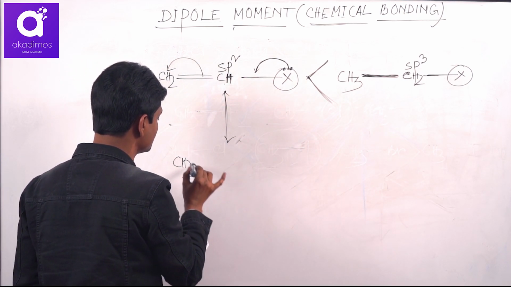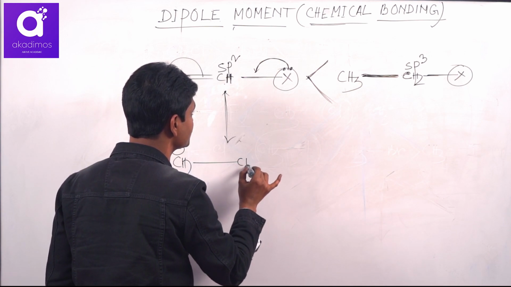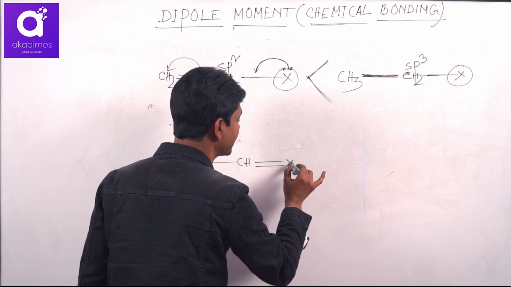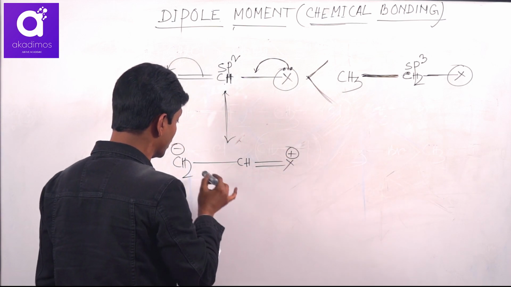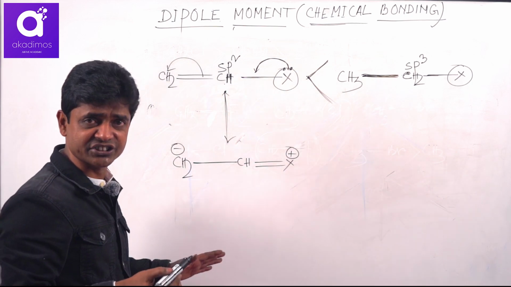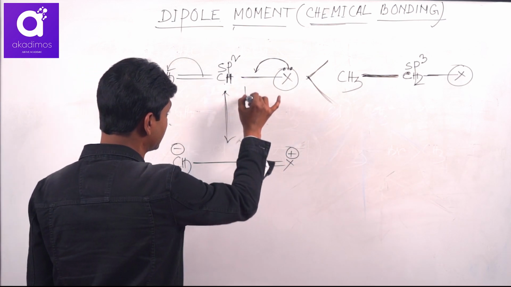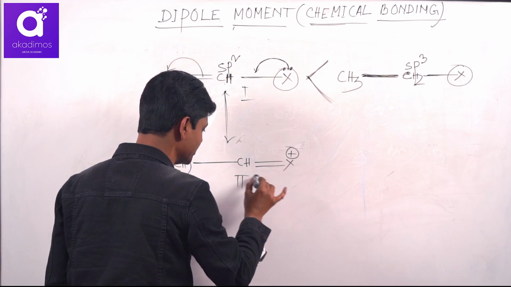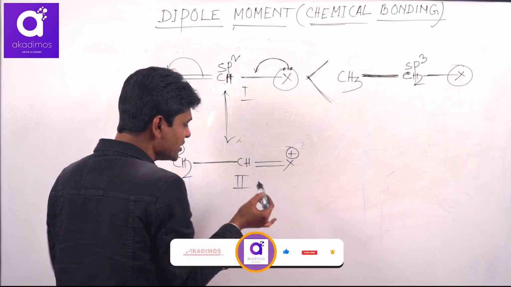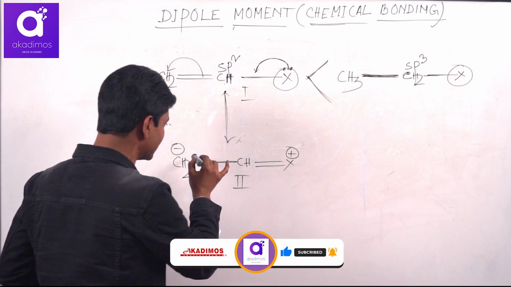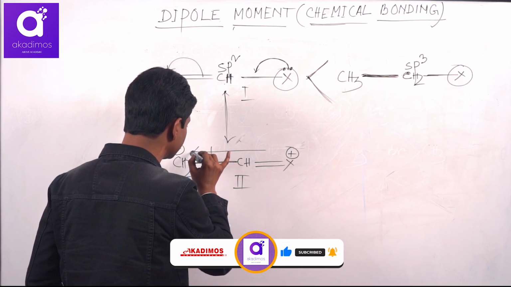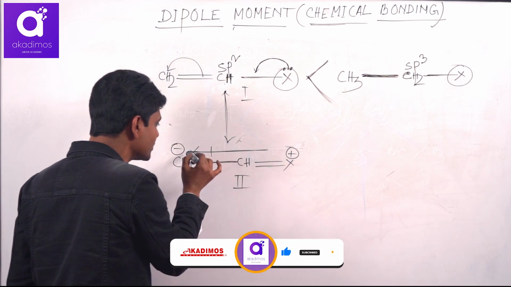Here you will get CH2 minus, single bond CH, double bond X plus. Although its contribution is very small, if you consider the existence of this canonical form, here the direction of dipole moment is along this, X to carbon.